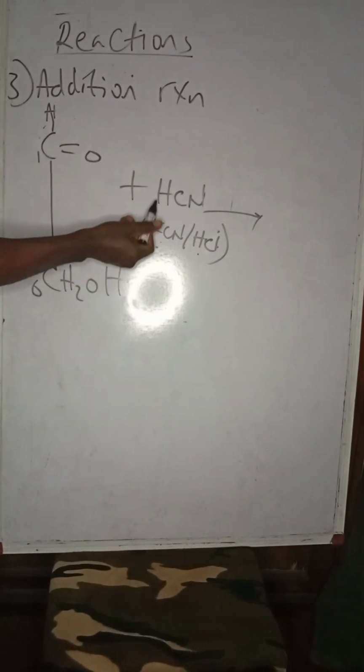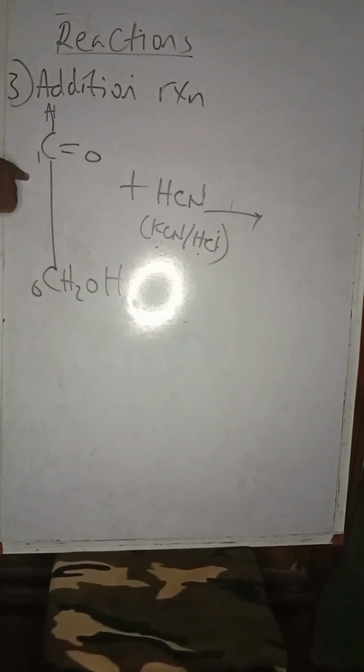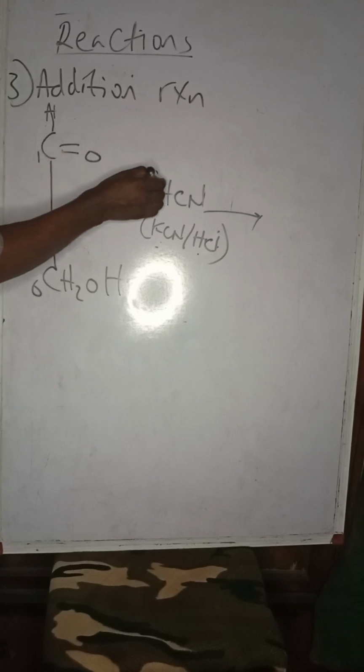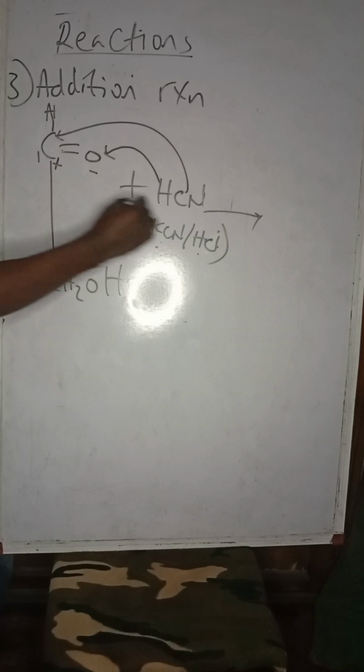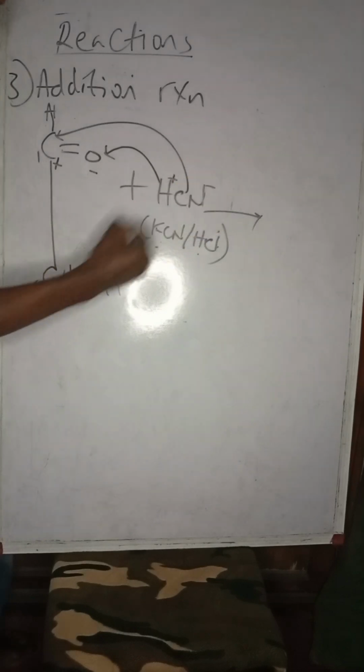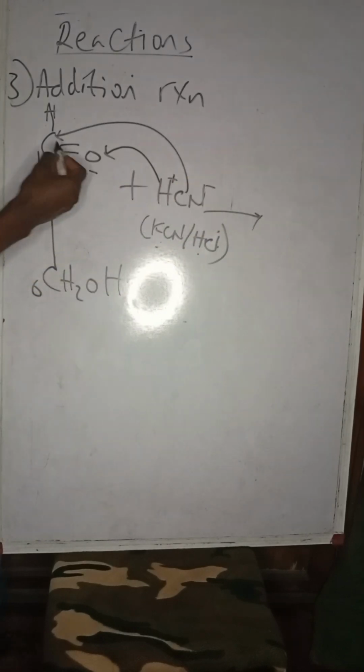Now, this HCN can react with this aldehyde group. This aldehyde group is electron rich. So what normally occurs is that the H takes the OH and the CN will take the carbon. Normally we say this is like a partial negative on the O, positive on the carbon. So this will form positive and negative, and the positive takes the negative, negative takes the positive, like that.